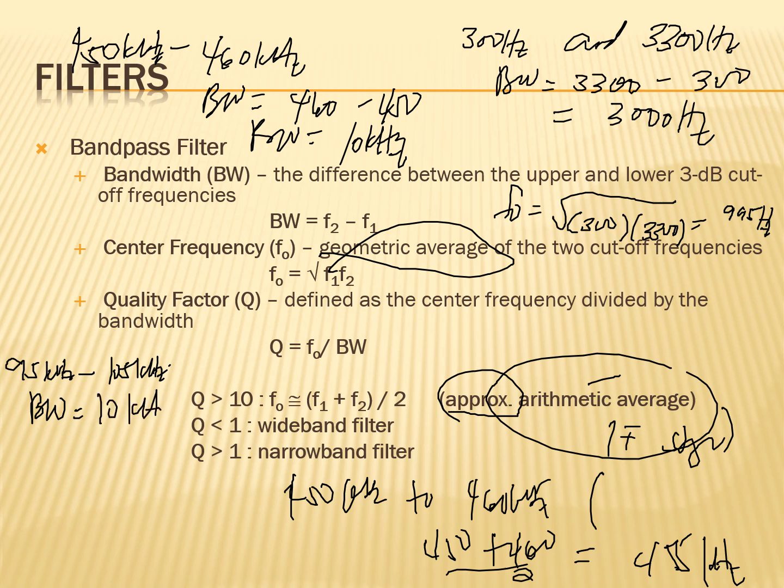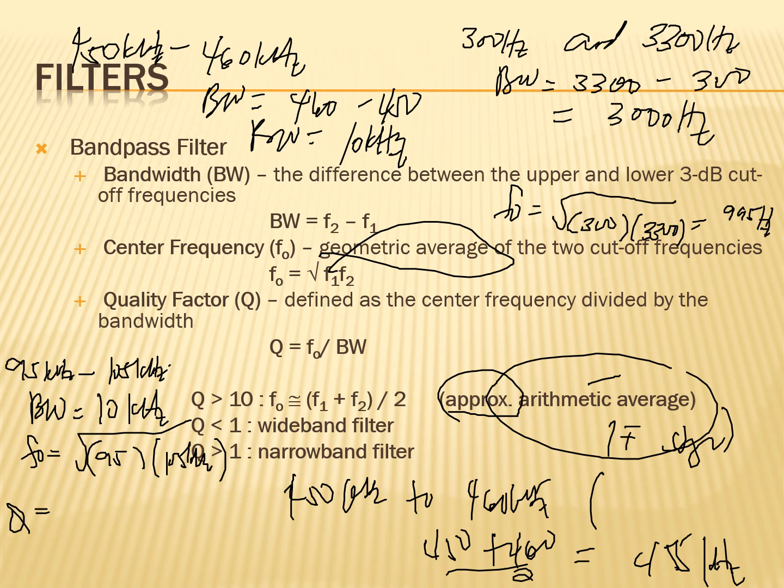Then we have a center frequency, which is equivalent to the square root of 95 kilohertz multiplied by 105 kilohertz. Using this center frequency and this bandwidth, we can solve for the value of Q. So this is approximately 10 kilohertz.